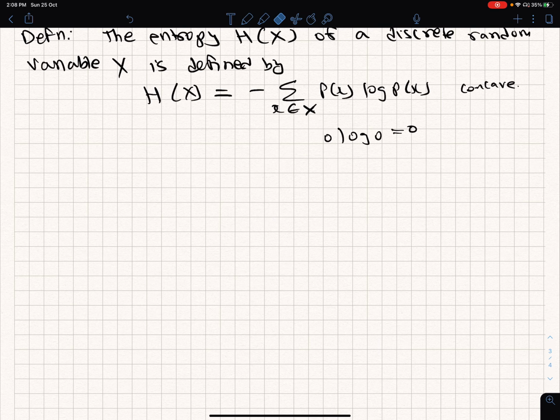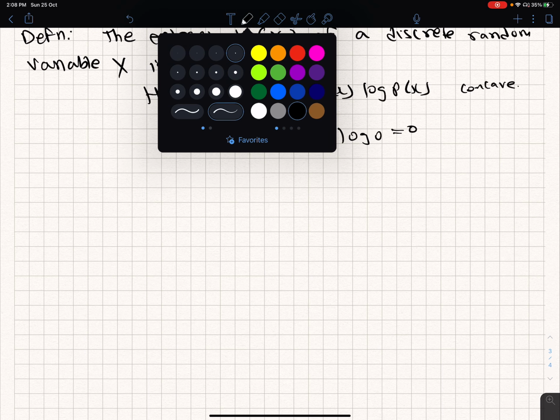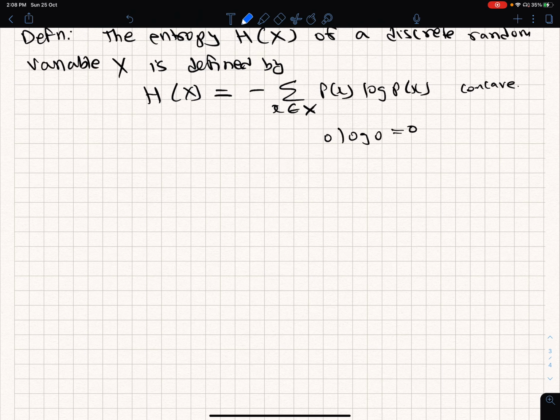Now you can extend this to the n-dimensional case very easily.